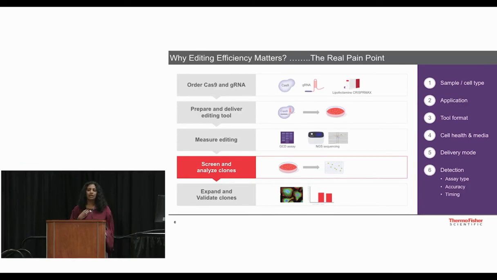So as we are developing these reagents, one of the key focuses for the R&D team is to make sure not to just develop the tools, but also ensure that we have cell type specific protocols with all of the medias and the transfection reagents and downstream analysis. So that is the goal.